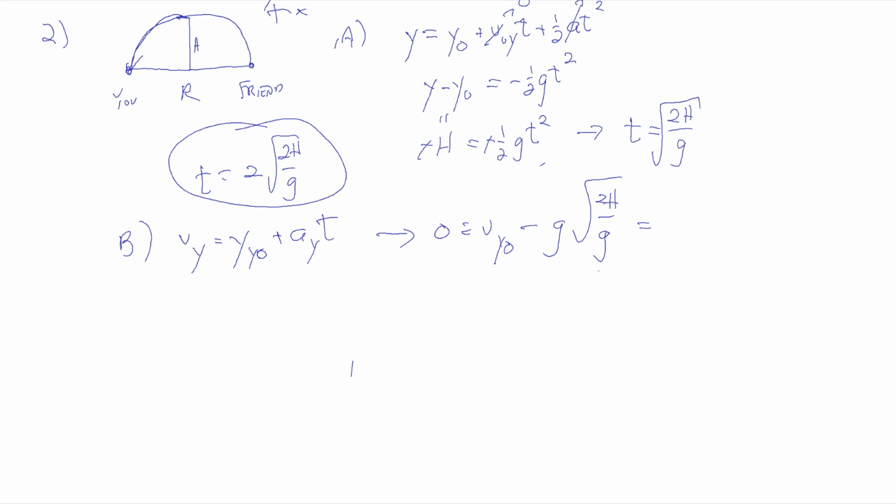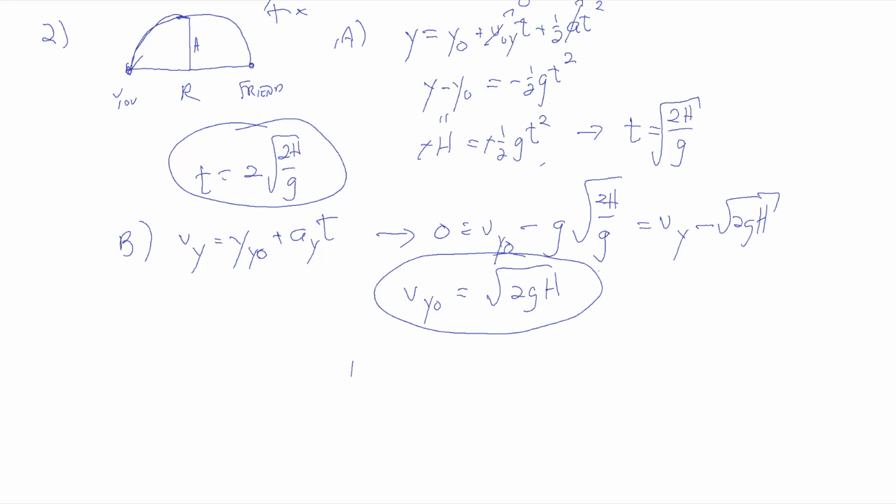So this is vy naught minus the square root of 2gh, just simplifying because we have g divided by the square root of g. And we can solve this for vy naught equals square root of 2gh.